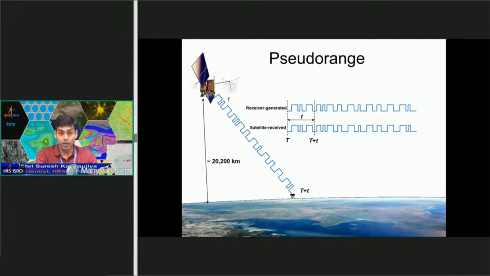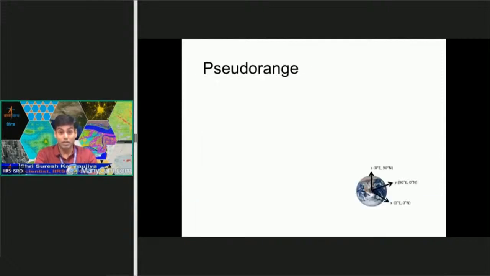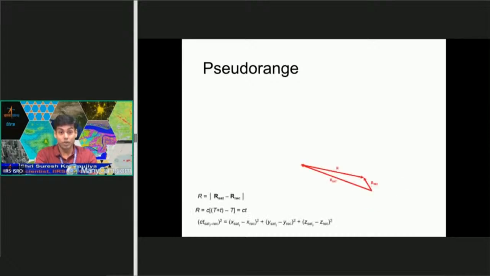If there is no delay, the signal would look like this, but actually it is not coming. The receiver is not receiving like this. That's why it is not a true range. It is a pseudo range.